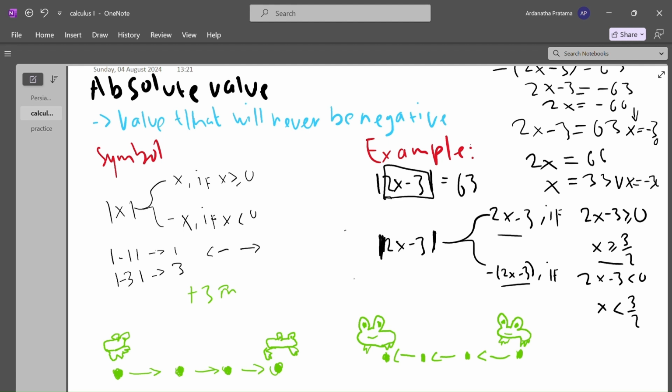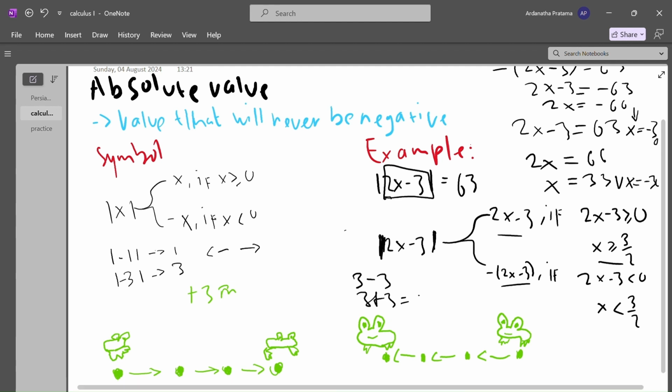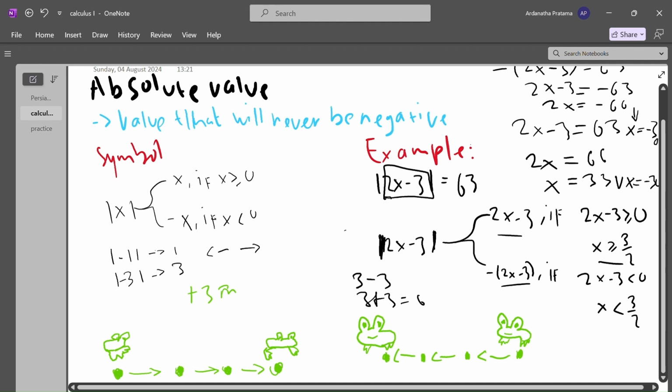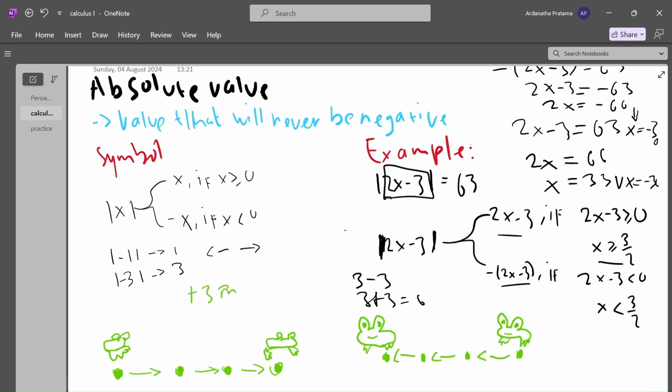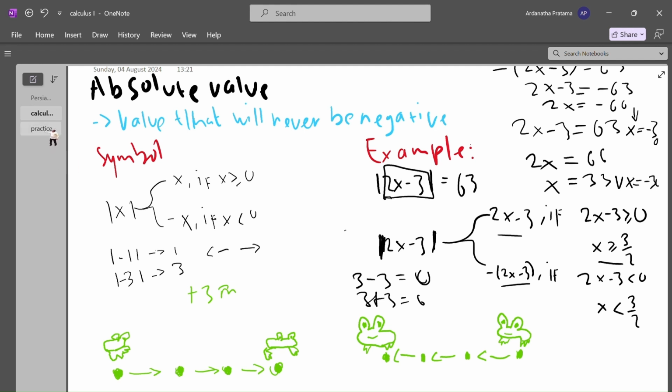The displacement is 3 minus 3, but the distance he goes through is 3 plus 3, which equals 6. So he went 3 meters right and 3 meters left. He jumps 6 meters, but the position is the same, so the displacement is 0.